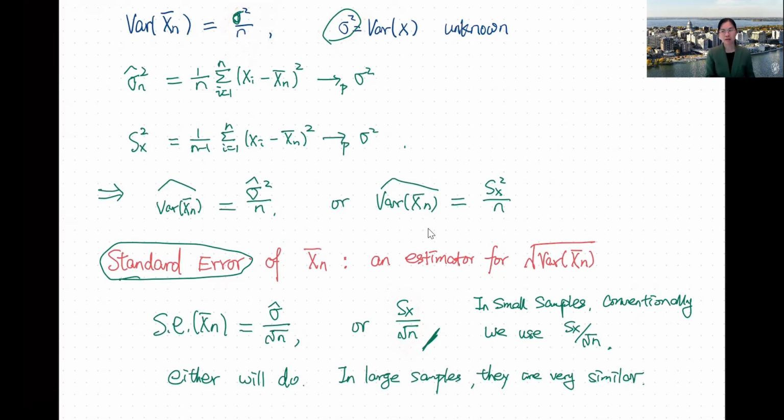Even though we don't have unbiasedness, we still just conventionally use this as the standard error in small samples. In large samples, it doesn't matter which one you use. They would be very similar anyway.